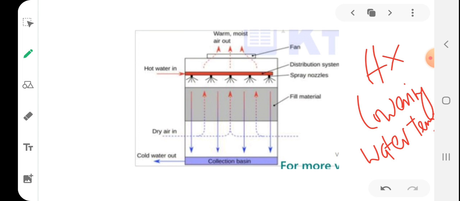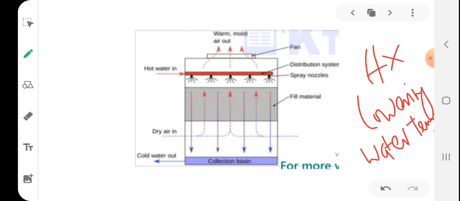Okay, so during the cooling tower working process, what is actually happening is that some small volumes of water evaporate. Water will be evaporating when it comes in contact with air. And what happens while evaporation takes place?